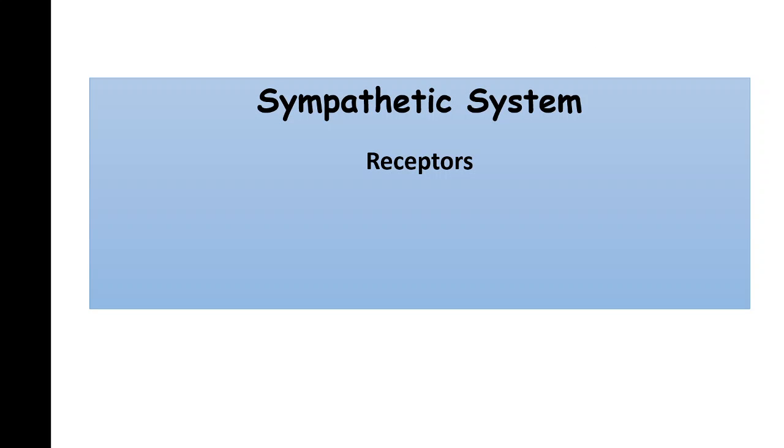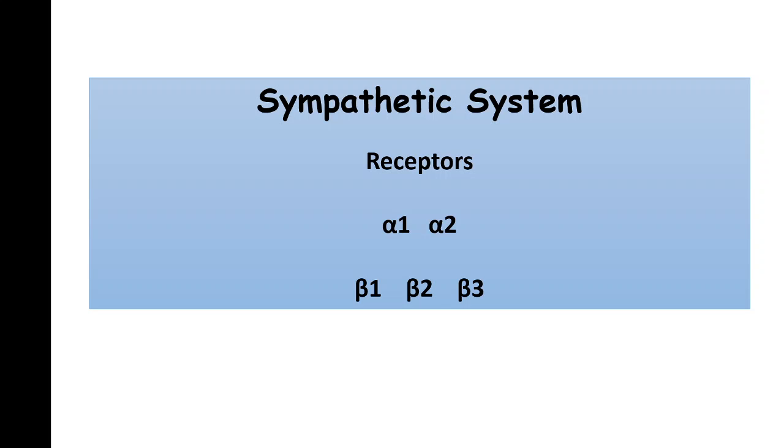Now in the sympathetic system we have talked about receptors. There are basically two types of receptors, alpha receptors and beta receptors. Alpha receptors are of two types, alpha 1 and alpha 2. Beta receptors are of three subtypes, beta 1, beta 2, beta 3.